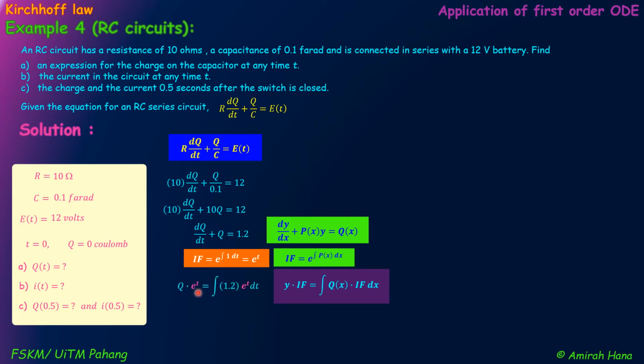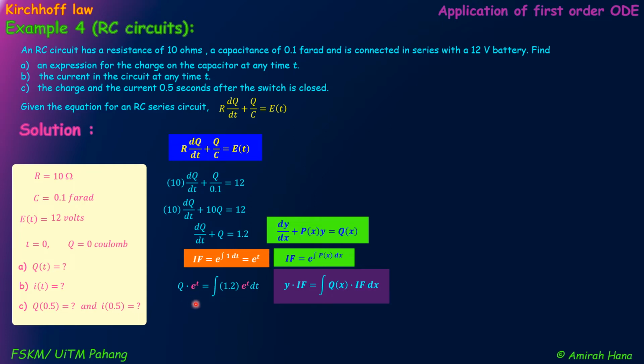So the solution is q times IF, where our IF equals e to the power of t, equals the integral of Q(x), which equals 1.2, times IF, which is e to the power of t, integrated with respect to t.